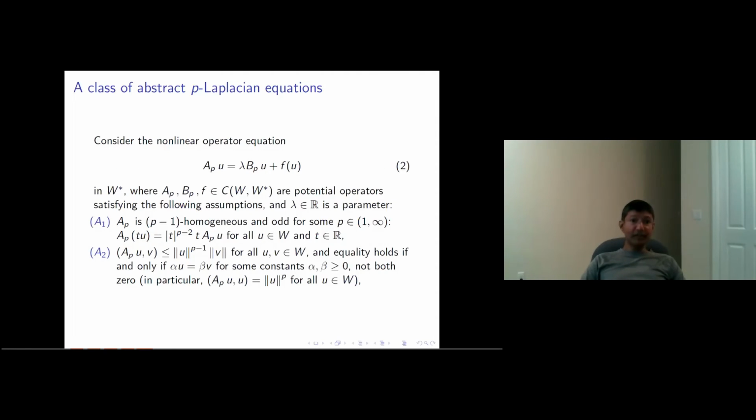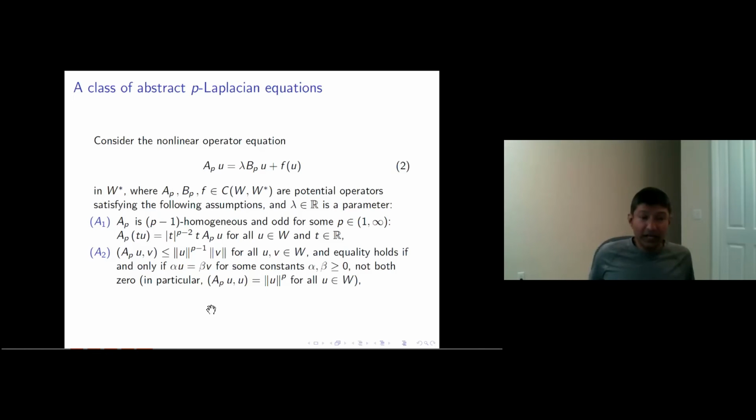So consider the following nonlinear operator equation. Suppose you have this equation in the dual W star, and this A_p, B_p, and F are continuous potential operators, and lambda is a parameter. Here's what we are going to assume about these operators.